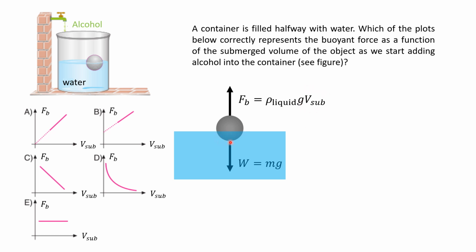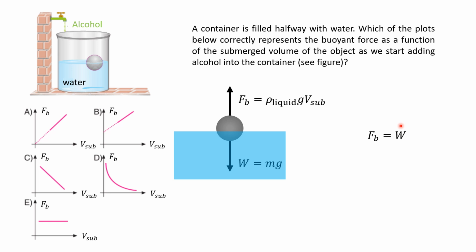So this fraction of the volume contributes to the buoyant force, right? And the weight is just the mass of the object times the gravitational acceleration. If object is not moving up into the air or not sinking into the container, then these forces should be equal, right? So buoyant force is balanced by the weight.